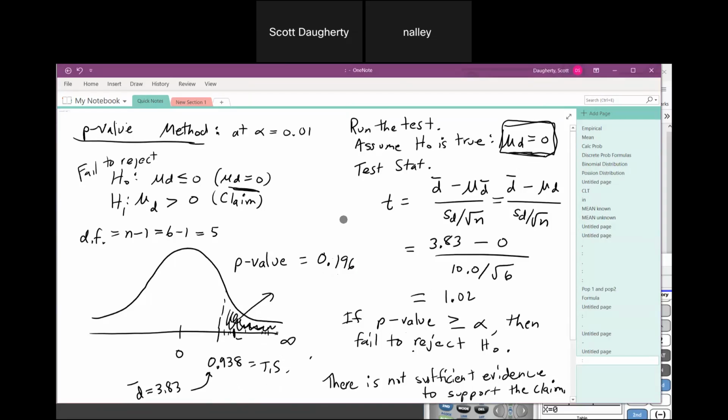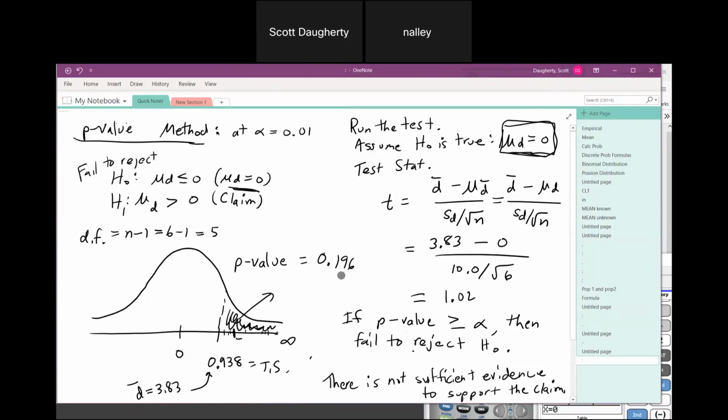Okay, so one last stab at what this p-value says as a probability. If mu sub d is 0, if it really is 0, like we're assuming it is, then the p-value is the probability of getting a d bar value, a sample mean, that is 0.938 standard deviations or larger away from 0.